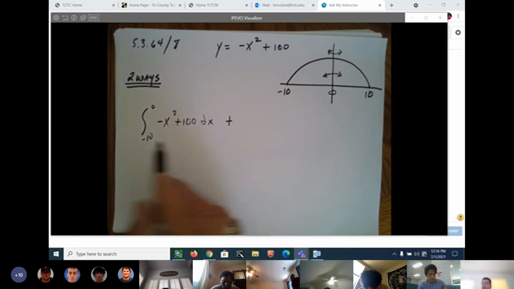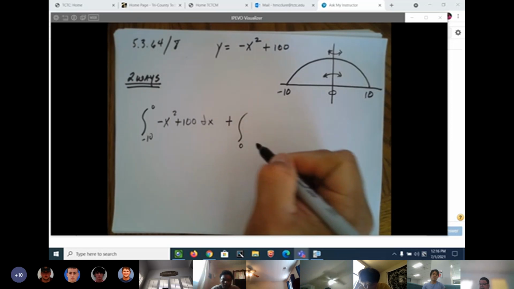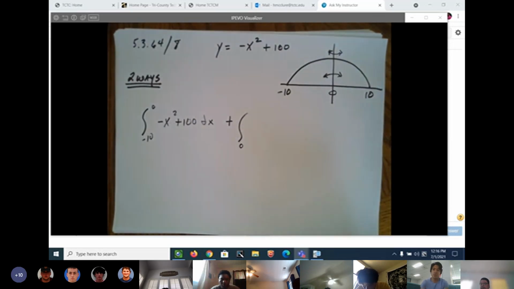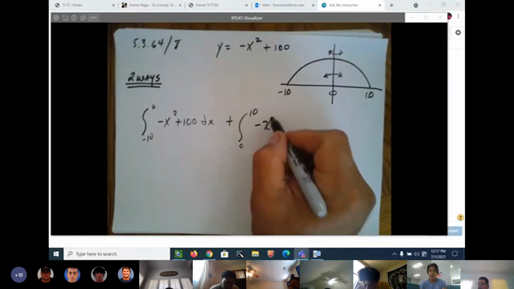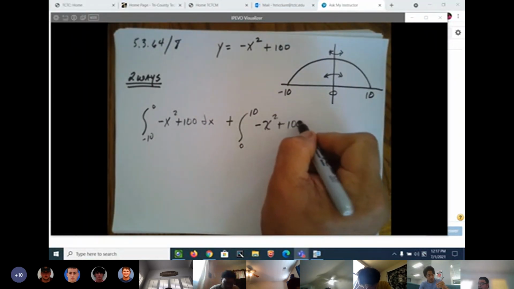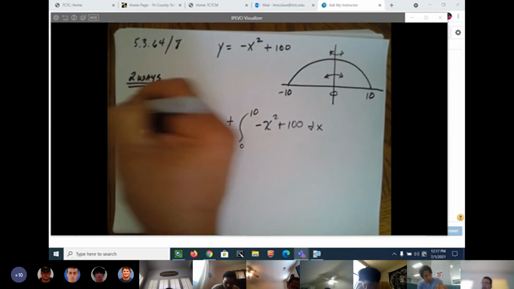Right to left. 0 to what? To 10. To 10 of -x squared plus 100 dx. All right, that's one way.